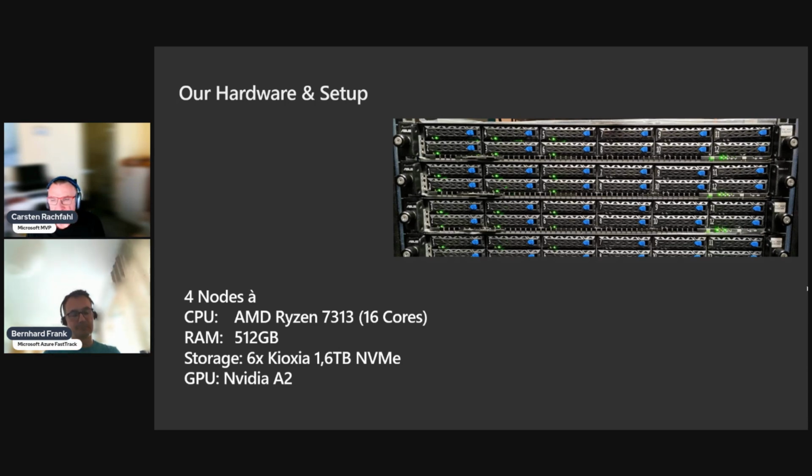And in addition, here we have a hardware GPU, a server GPU from NVIDIA, an A2 GPU in the systems. That's not required by AVD, but it helps a lot. For example, if you have workloads running in your AVD session hosts that require graphics, there are some tools there.